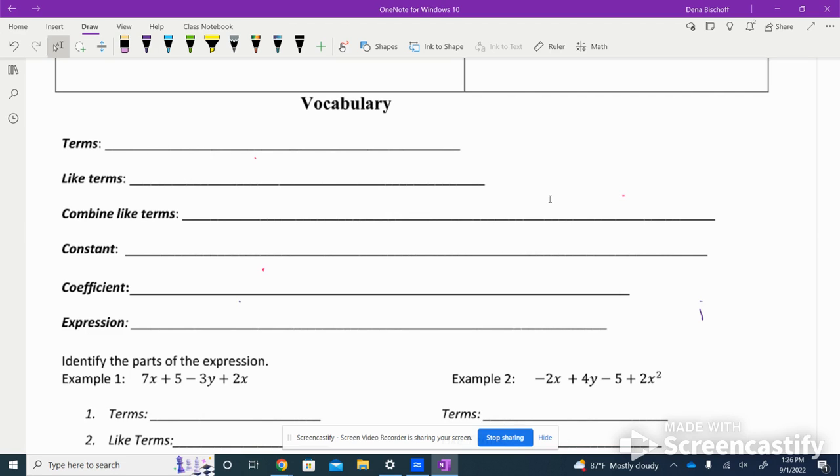When you combine like terms, you add or subtract the terms that have the same variable with the same exponent. That's what that means.